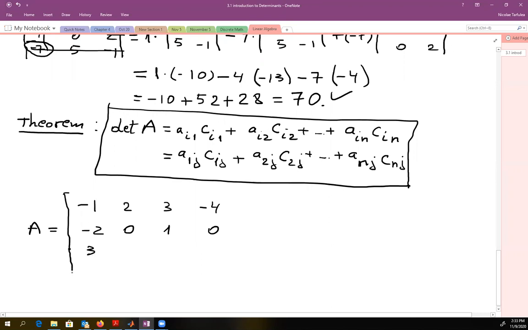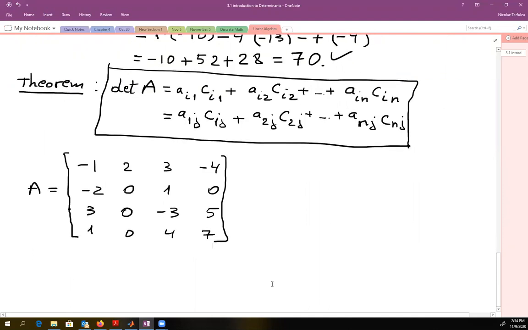I'm choosing nice entries because I don't want to compute complicated numbers. I can say here, I don't know, 0, negative 3, 5, 1, 0, 4, 7. And let's say we want the determinant of this matrix A. So I want this.